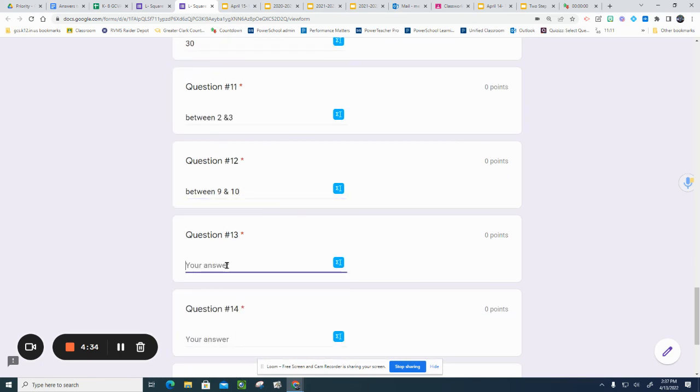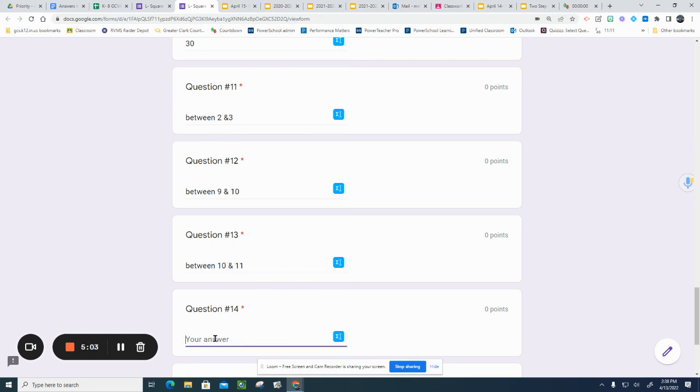Question 13 is the square root of 120. That's between 10 and 11. Notice that I'm leaving a space between all of them.